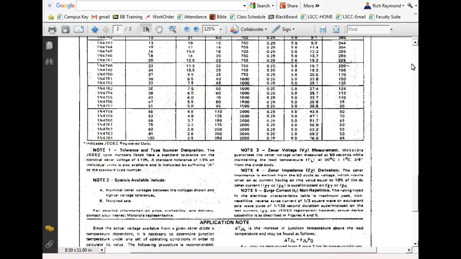A standard tolerance of plus or minus 5% on individual units is also available and is indicated by suffixing an A. So that means if we get a 1N4763, that would be plus or minus 10%. A 1N4763A would be plus or minus 5%. That makes sense? Yes or no?